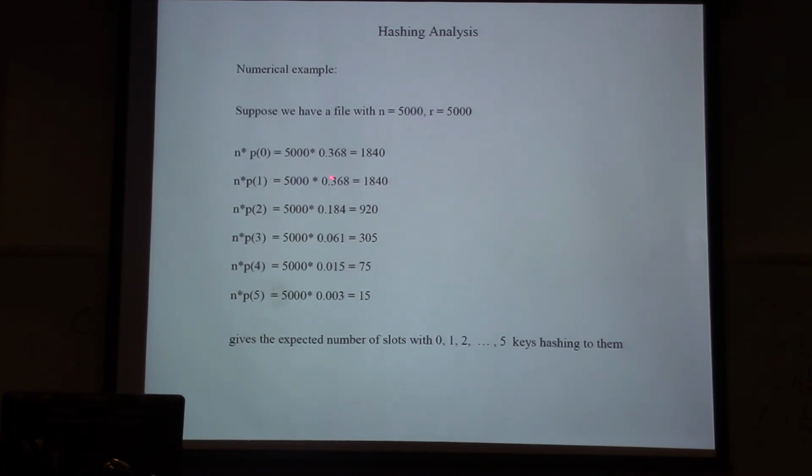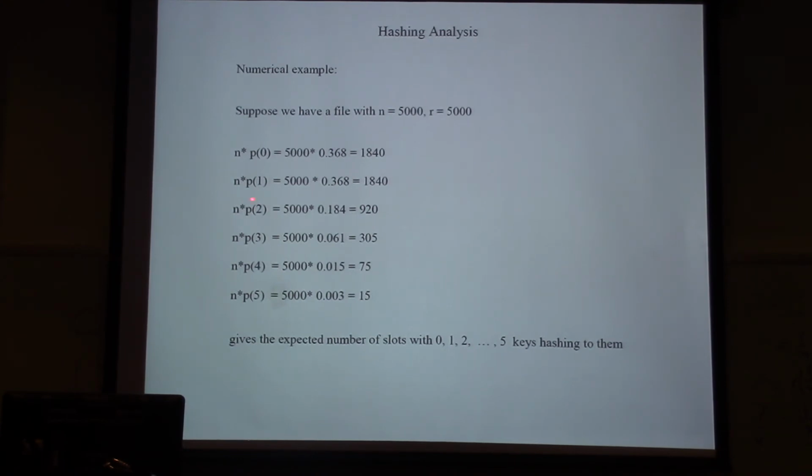Here we have 1840, records that are expecting to get a single. So what we have here is 1,840 slots will get nothing going to them directly. 1,840 slots and 1,840 records will go into exactly one slot.